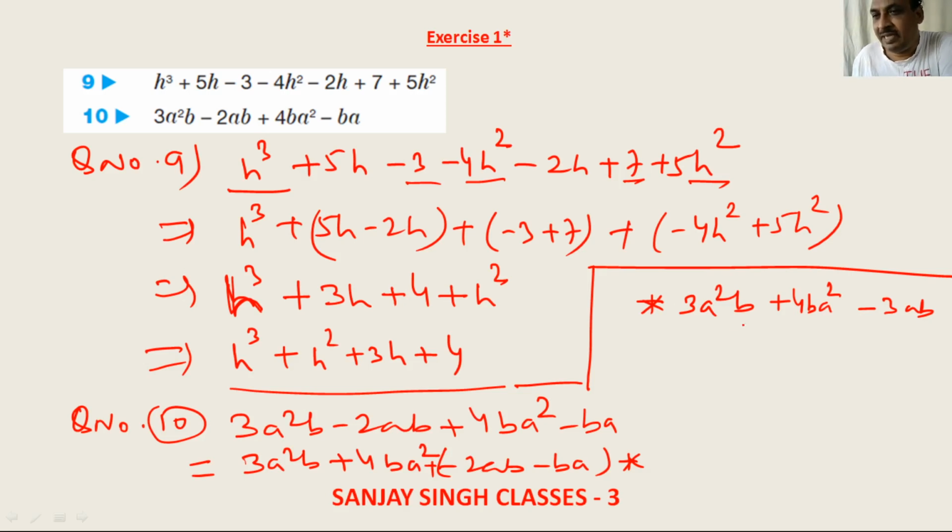Now we see that ab is here also, here also, and here also, so we can take ab common.